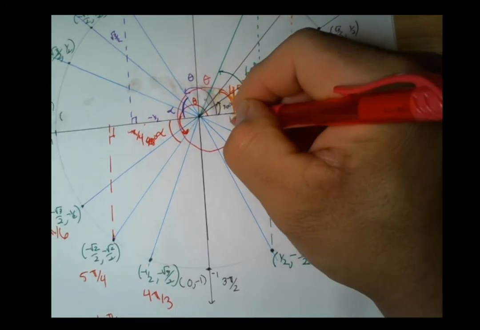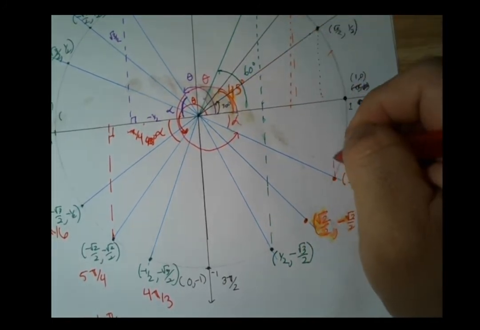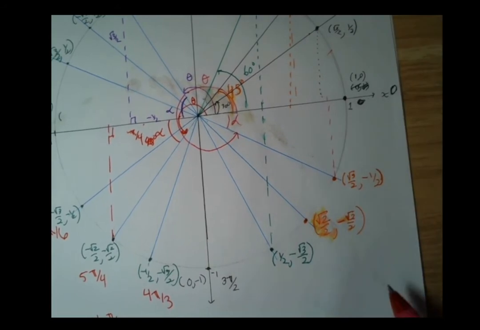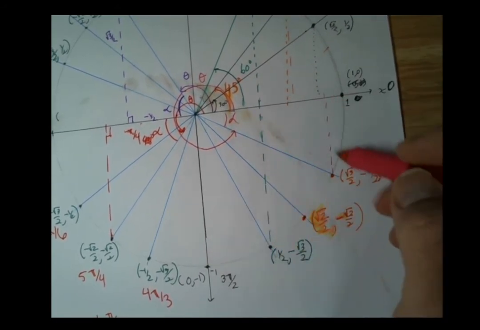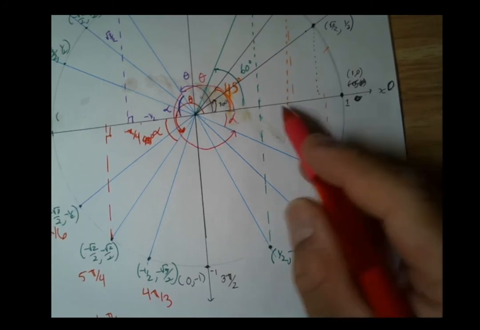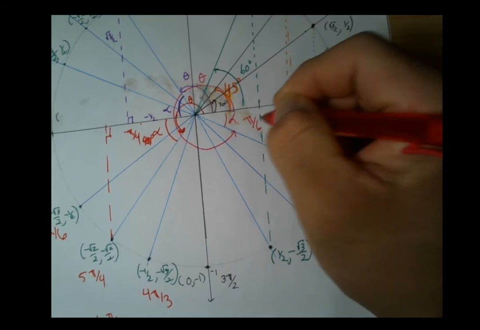So that means our reference angle would be that angle right there. And again, now we have this triangle where we have root 3 over 2, and then the height is 1/2. That corresponds to a reference angle of pi over 6.